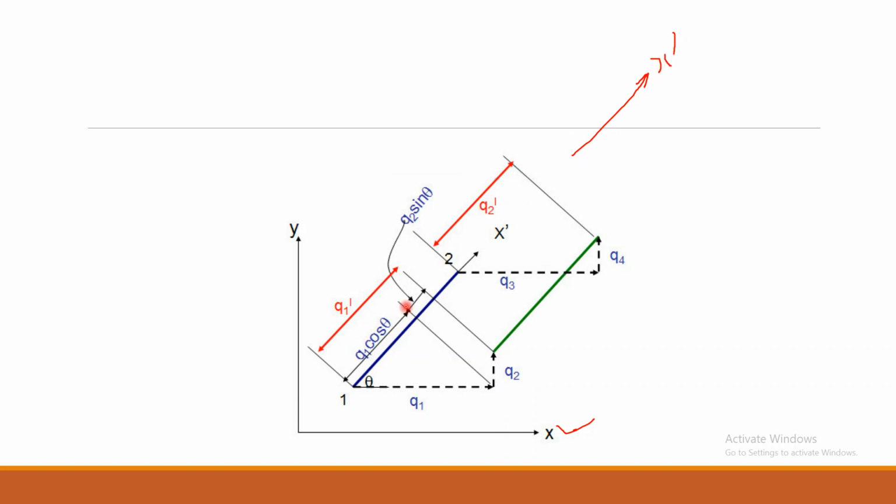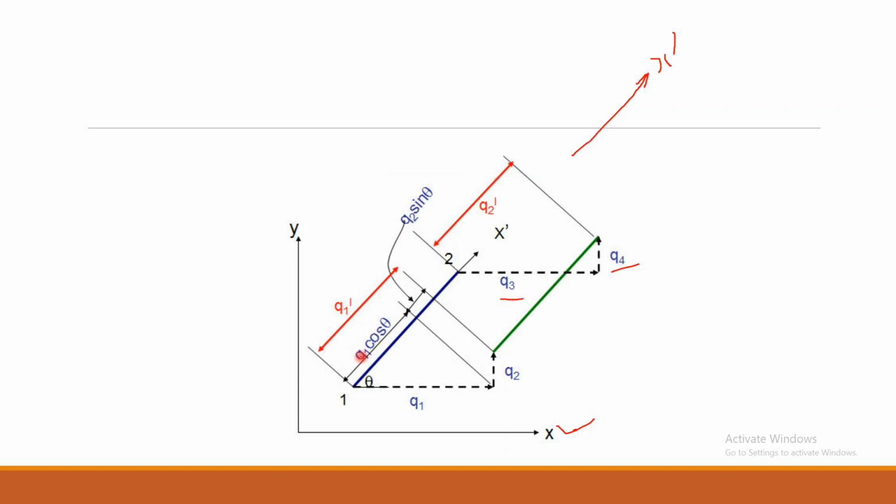So if I observe, these two values are really what we require to find out the stresses, but there is always some relation between q1 dash to q1 and q2, and q2 dash to q3 and q4. Okay, so let's look into the relations.